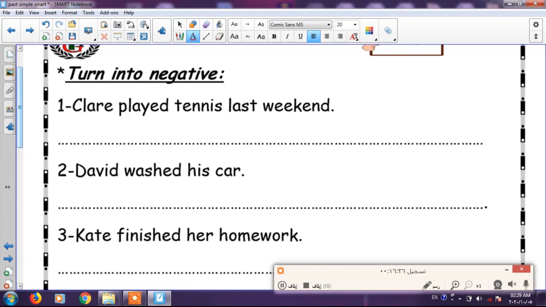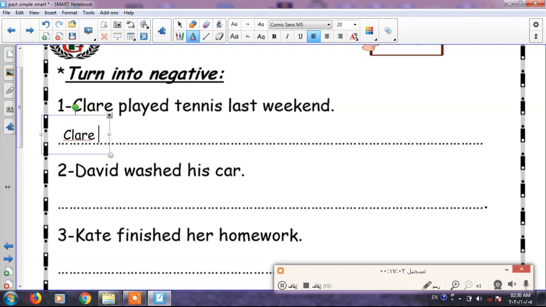Okay, first we have to limit the verb. Where is the verb? The verb is played. So I will write Claire. Okay, here I will put didn't before the verb.